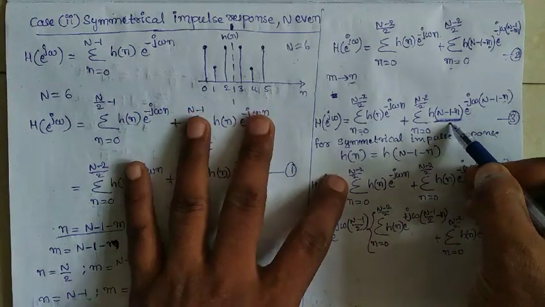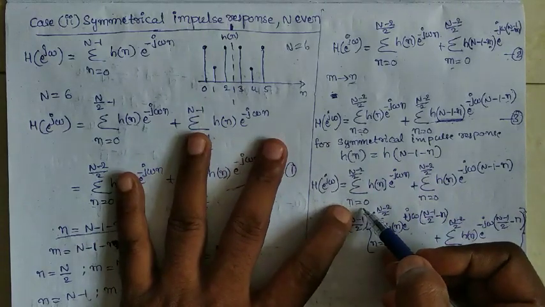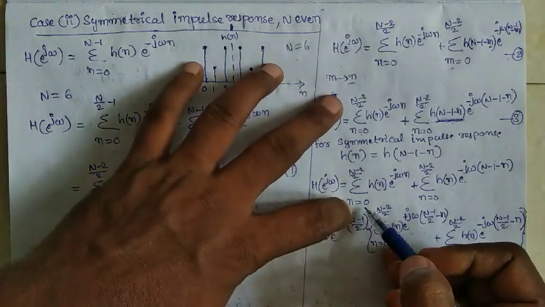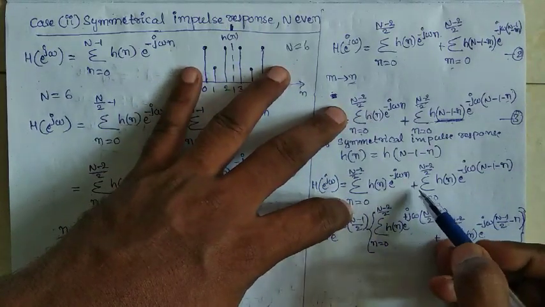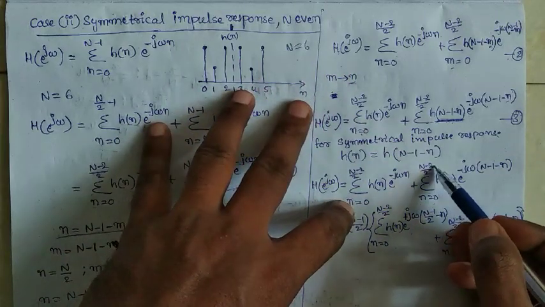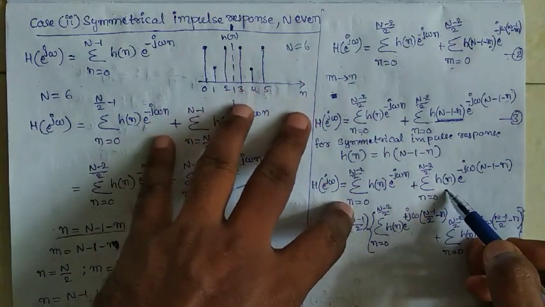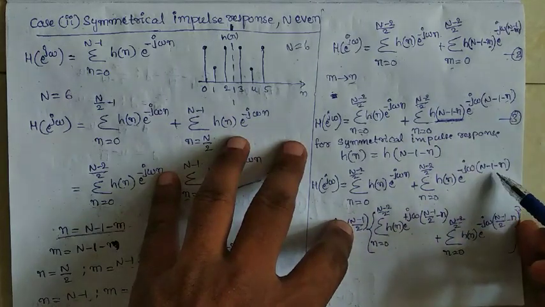Here h of e power j omega is equal to summation n is equal to 0 to N minus 2 by 2 h of n into e power minus j omega n plus summation n is equal to 0 to capital N minus 2 by 2 h of n into e power minus j omega capital N minus 1 minus n.